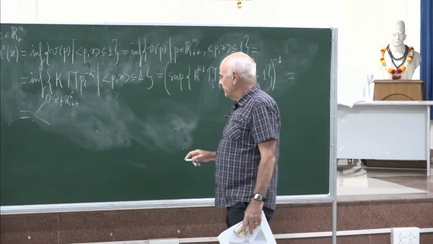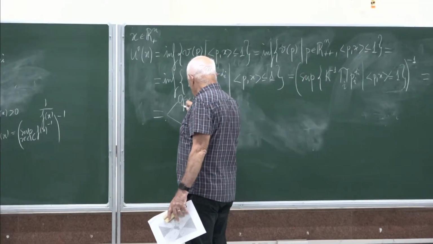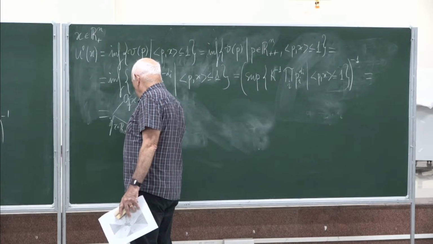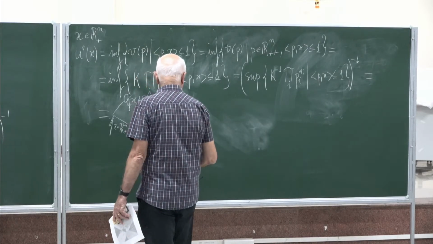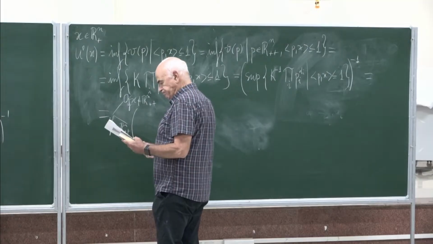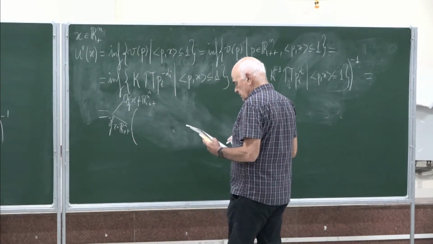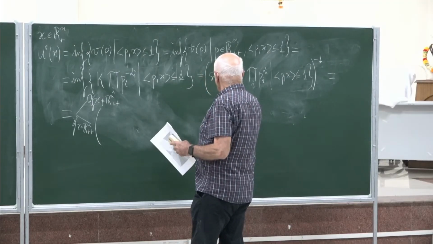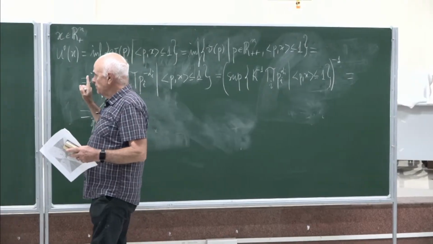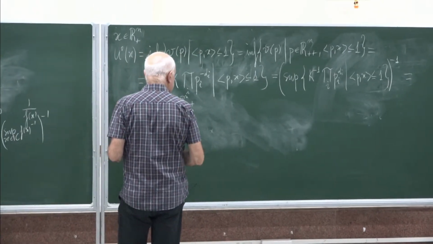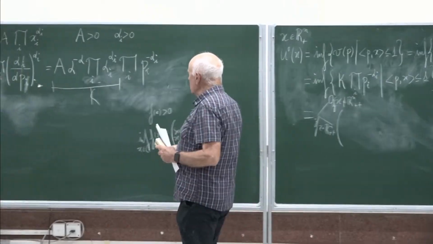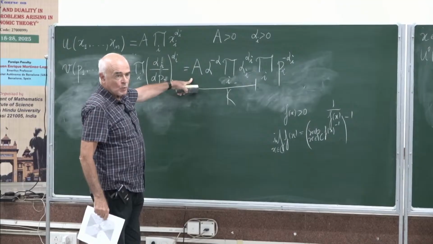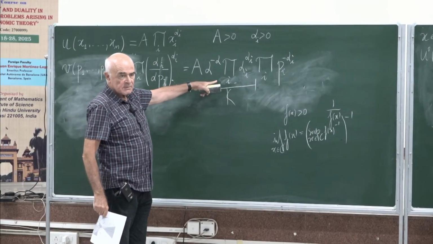But now, if x is strictly positive, then we have to make some computation. When we had A, for the supremum, we got A multiplied with this.